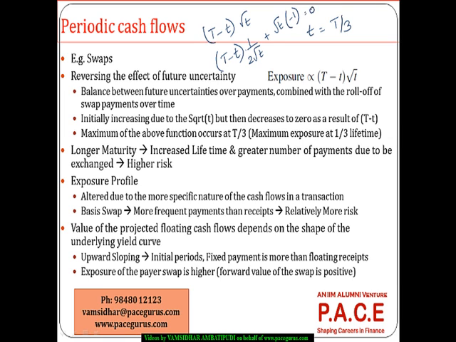This is equal to 0, right? This is what is going to come out: T minus t times 1 by 2 root t plus square root of t times minus 1 equal to 0, to find out the maximum.